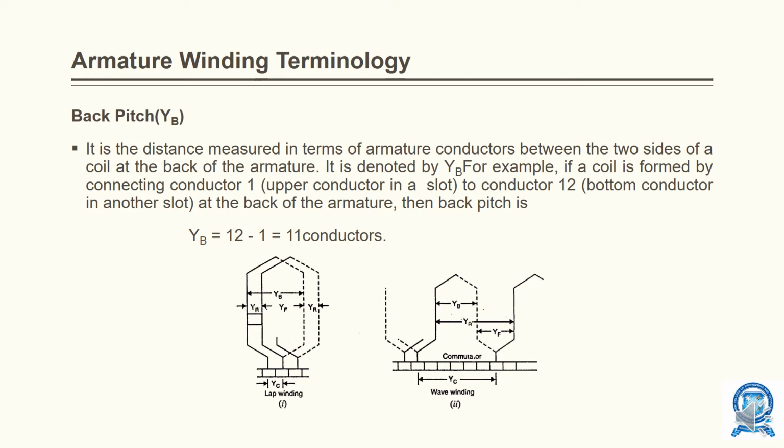For example, if a coil is formed by connecting conductor 1, the upper conductor in a slot, to conductor 12, the bottom conductor of another slot at the back of the armature, the back pitch is 12 minus 1, which is equal to 11 conductors.